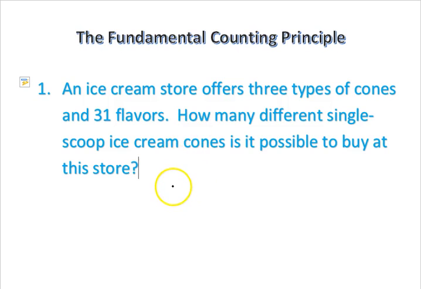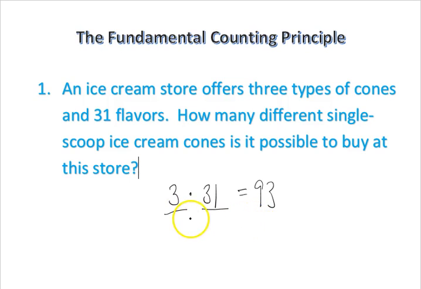Basically, it boils down to multiplication. You're going to say, okay, how many things have I got at this store? And I usually draw myself blanks. That's how I work. I've got 3 types of cones. I've got 31 flavors. And so I can just multiply those and get the 93 possibilities.